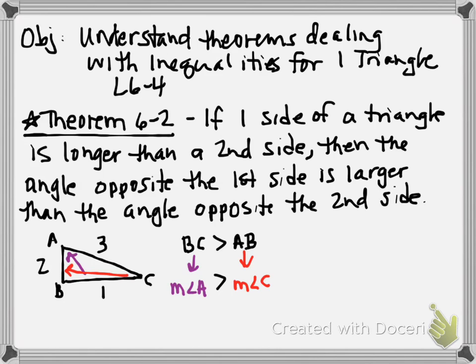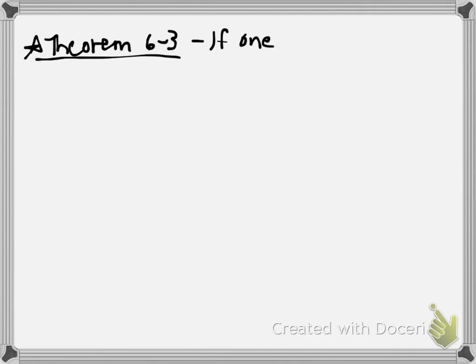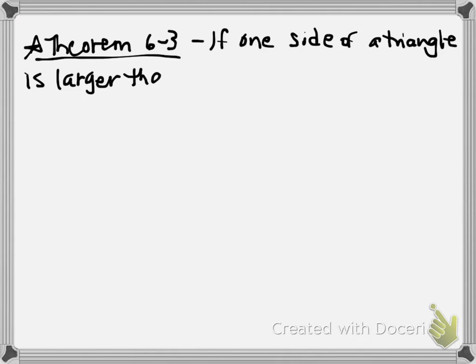Okay. Ready for your next one? Moving on. This one, theorem 6-3. If one side of a triangle is larger than a second, oh, sorry, angle. This is one angle. I'm going, wait a second, I'm writing the same thing over again.